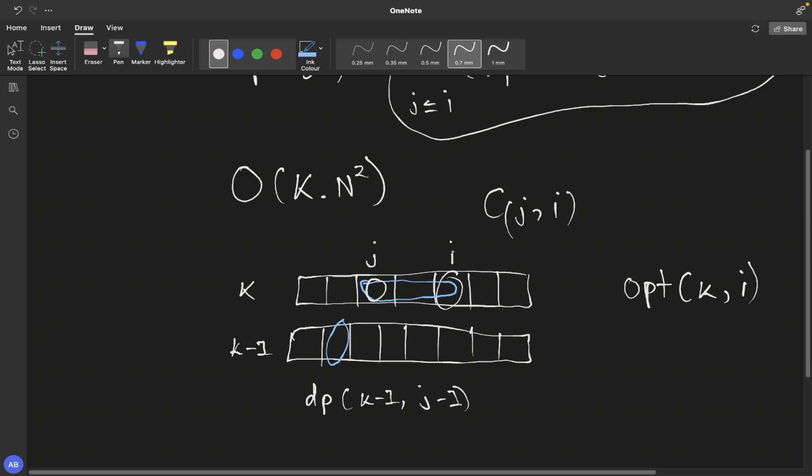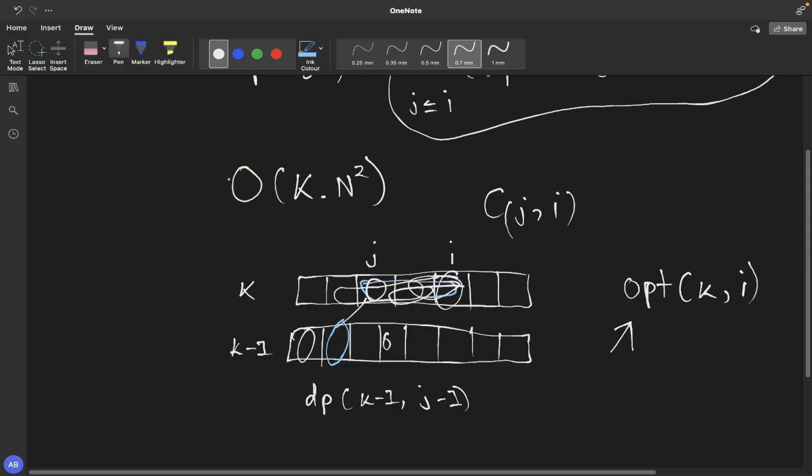So what we're doing is for i here, we're looping back through all of these elements, and we're seeing which value of j minimizes that expression, and we're finding the leftmost value of j that minimizes that expression, and we're defining it to be opt of k comma i. So I hope it was easy to see why the transition time is O of n, because for every i, we have to loop back through the entire array and consider splitting it. So we could do this plus this, we could do that plus this, and we can even do this plus this. So we try that for all possible j's, and we finally find this opt k comma i value.